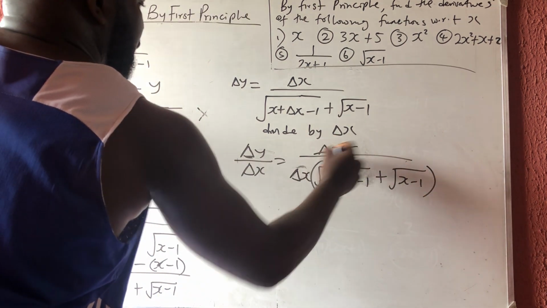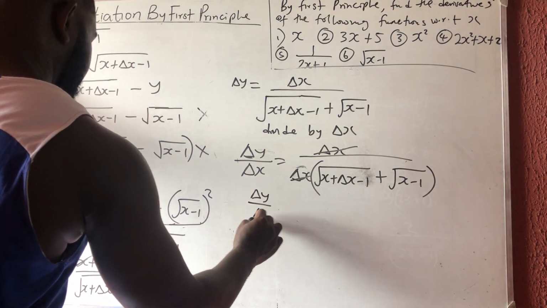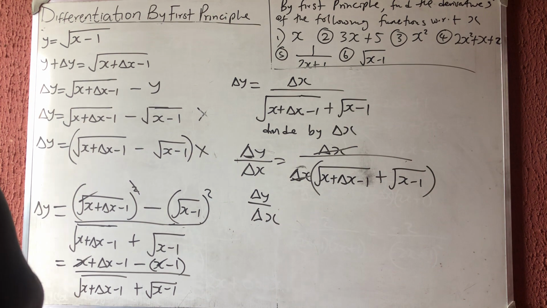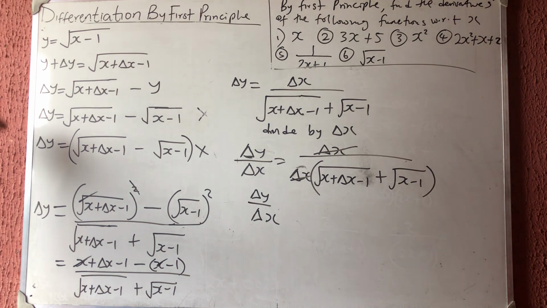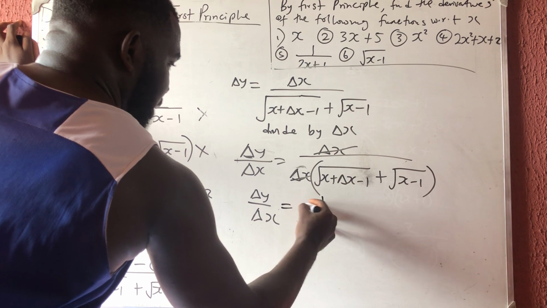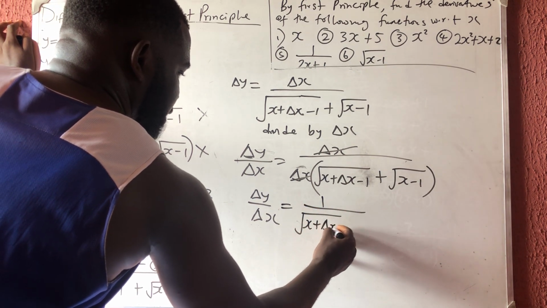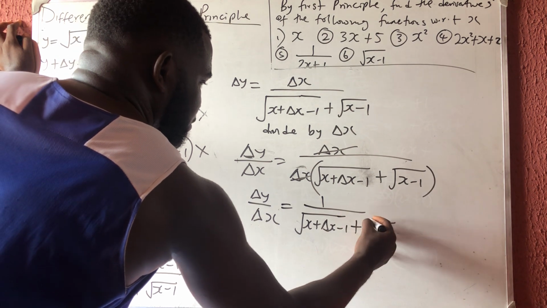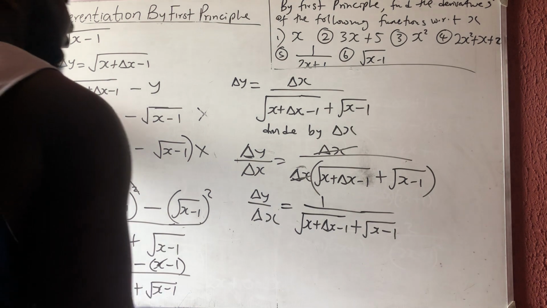So this will now cancel this. So I am left with change in y over change in x is equal to 1 over the square root of x plus change in x minus 1, then plus the square root of x minus 1. So getting to this point, you can now take the limit.